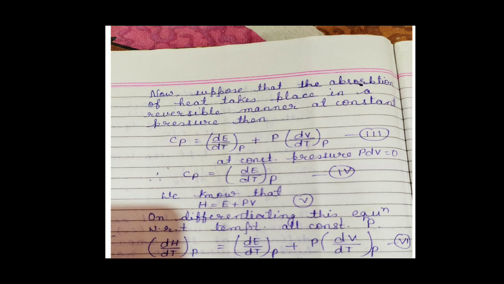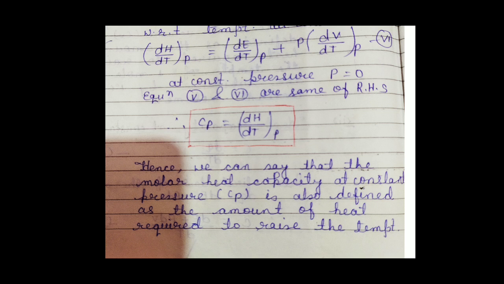On differentiating this equation with respect to temperature at constant pressure, dH by dT at constant P must be equal to dE by dT at constant P plus P into dV by dT at constant P. The last term concerning constant P must be equal to 0.